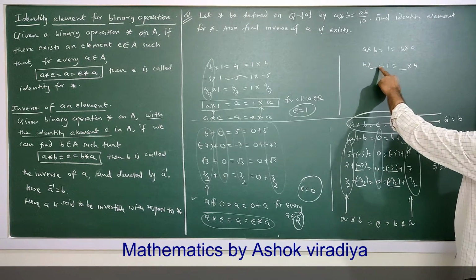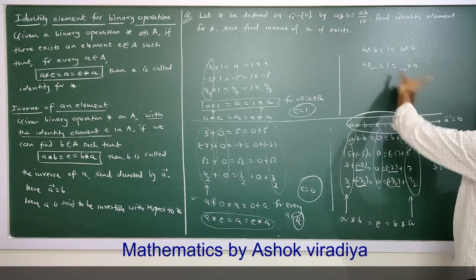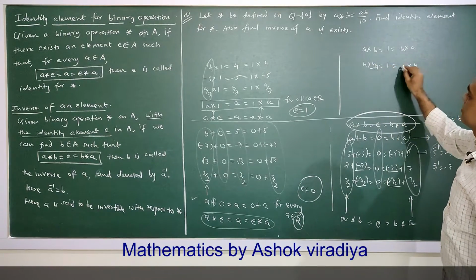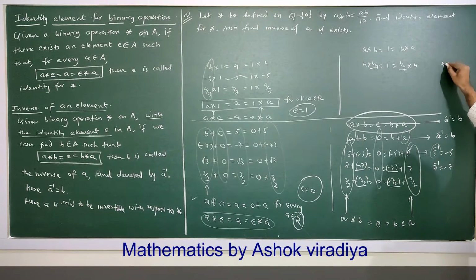A star B is E equal to B star A. So what is B here? B is 1 by 4. So what do we say? Inverse of 4 is 1 by 4. Inverse of A is B.